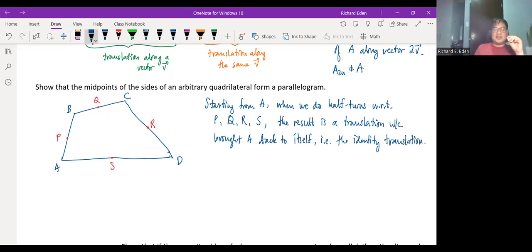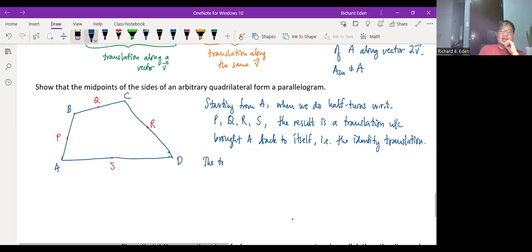So, okay, how does that help us prove that PQRS is a parallelogram? So, I'm sure nakakita ka na ng proof nito why PQ and RS are the same and they're congruent, and the same with QR and then PS. But in terms of translations, it's because of the following. Okay.